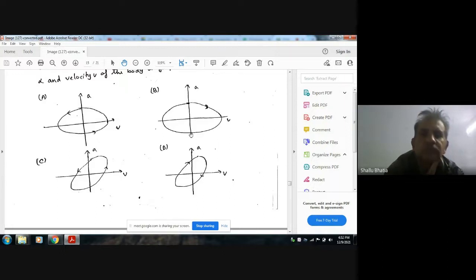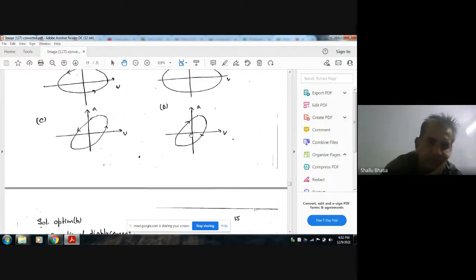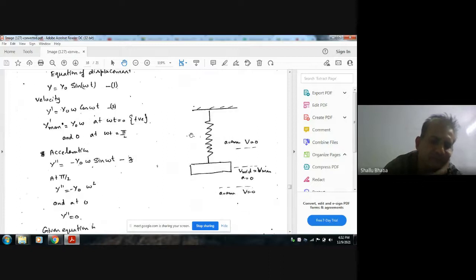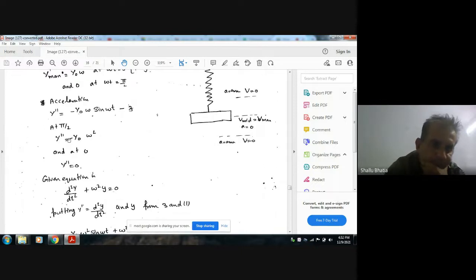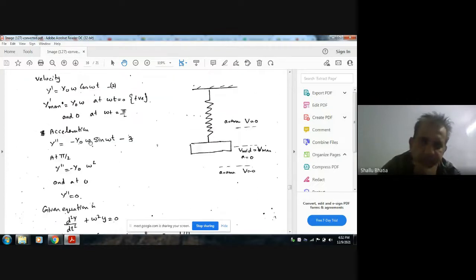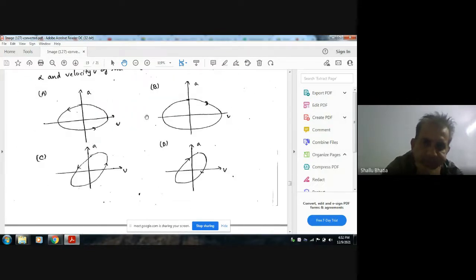So the acceleration will have its maximum value with a negative sign, minus y naught omega square. So when the sense is this and this is 0, then this will be 90, and a will be negative maximum and v will be 0.